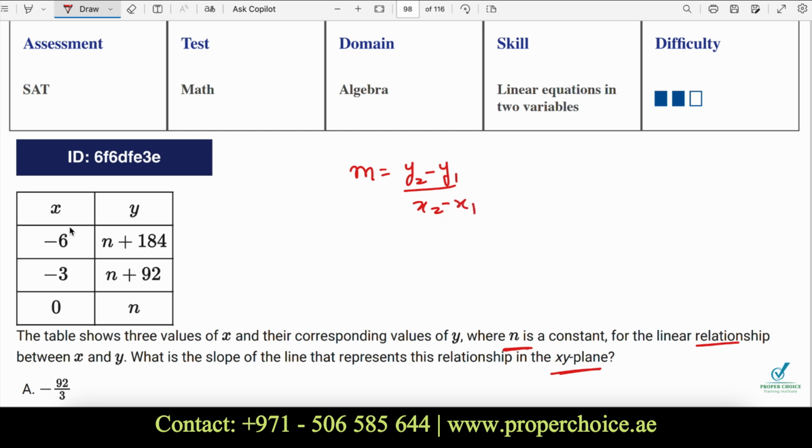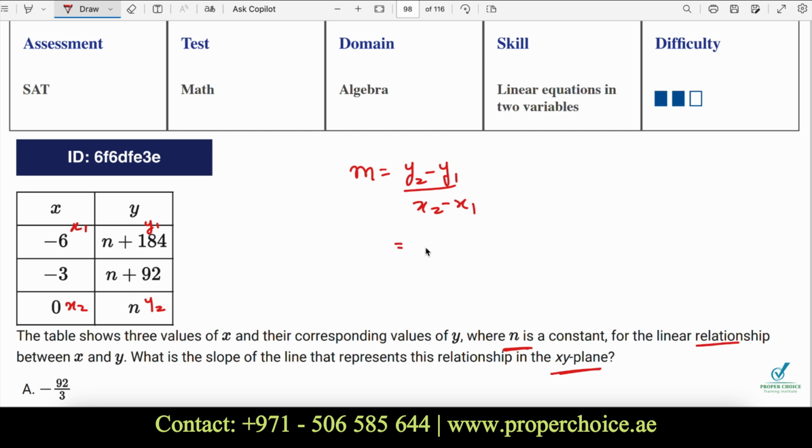Now if you are assigning this coordinate as x1, this turns out to be y1. Assign this coordinate as x2, this turns out to be y2. Regardless, you can take it this way, or this one we can say x2 y2. Let me make this one easier because one of the x values is 0, so let me take it as x2 y2 because this is less complex. That's it, you can take any, there is no such condition.